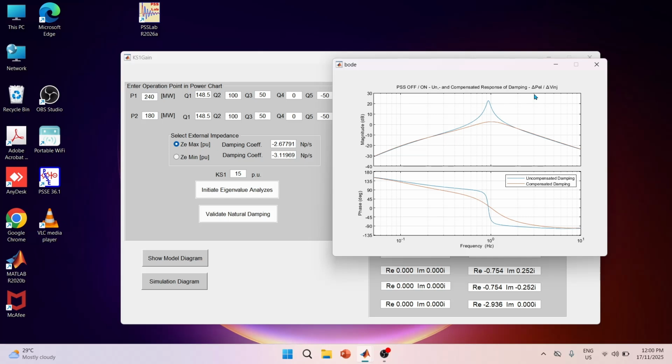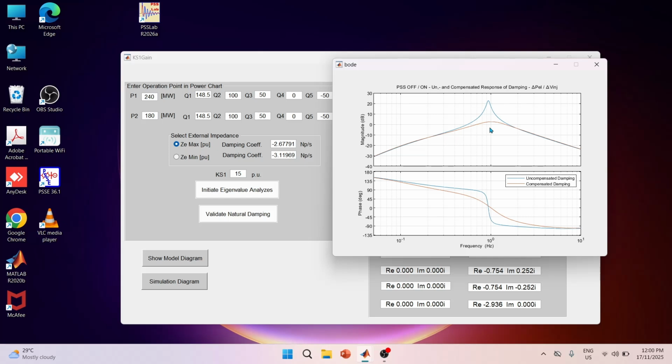Now, let us have a closer look into the frequency response of the damping, which is the ratio of the perturbation of the delta P electrical and the perturbation of the delta V injection. The blue curve is for the response with PSS off, and the red curve is for the response with the PSS on.